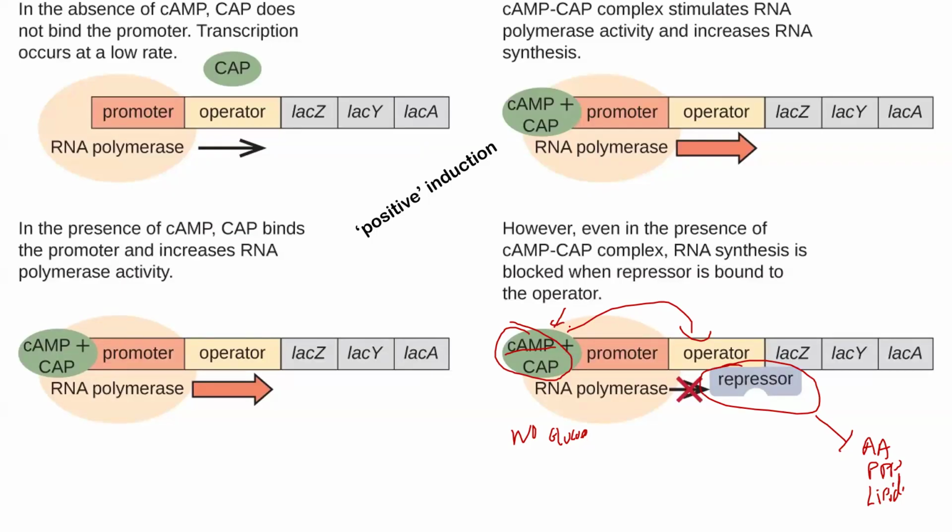So in the absence of glucose and in the absence of any sugar that this binds, but this is the lactose operon, so we'll go with this as an example. In the absence of lactose, the lactose cannot bind the repressor. You still get binding of cAMP and CAP.